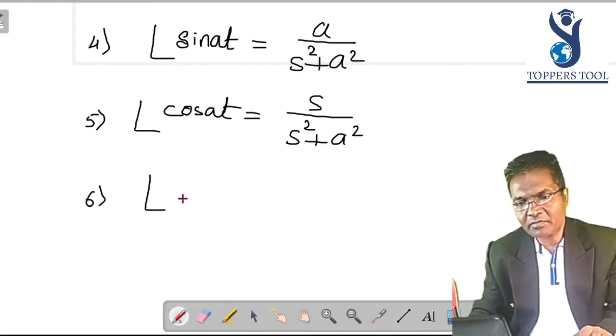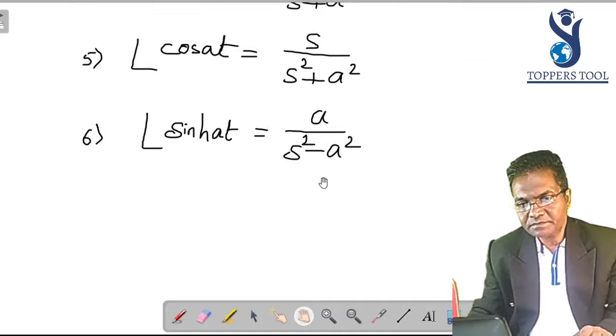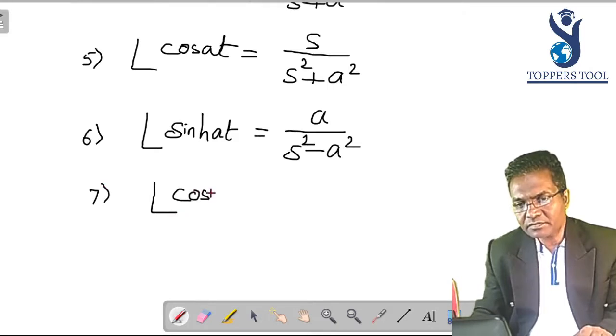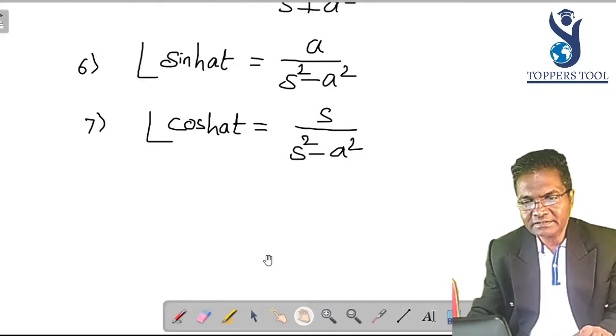Laplace transform of sine hyperbolic at is a by s square minus a square. Few more. Laplace transform of cos hyperbolic at is s by s square minus a square.